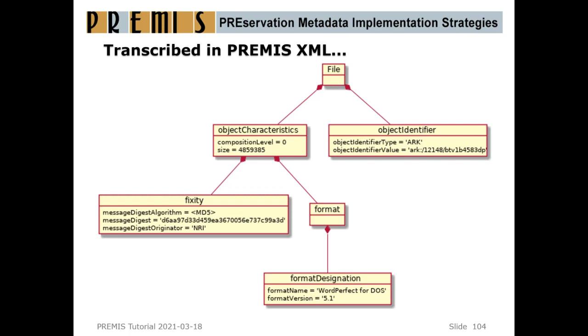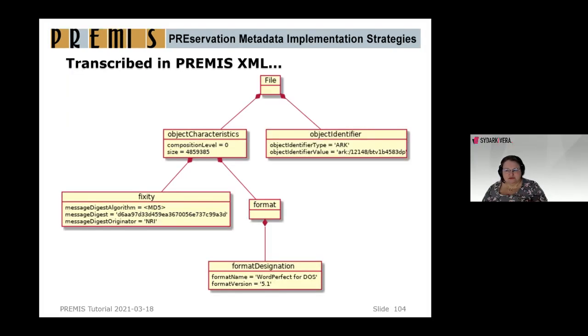When we look at the object characteristics, the composition level, Elle was talking about that with this PAC file, that we had different composition levels. We have done nothing with this file, so it's not in the composition, it's just the file itself, and it has a size. Then we have the fixity, where we need to know the algorithm to be able to redo the calculations. We can check that it's actually the same file.